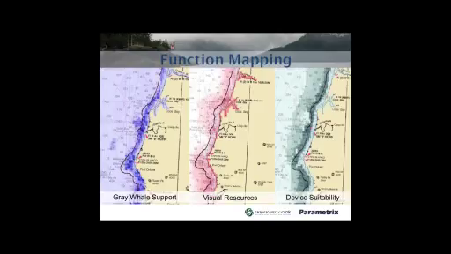And then finally on the right is the probability for a device's suitability. So how well can a point absorber offshore use a piece of water to generate energy? So in this case, we're looking at three very different types of information and trying to compare then across those. What does it mean if we reappropriate some areas, or if we want to have them coexist? What do those compatibilities look like, and what does the interaction look like?